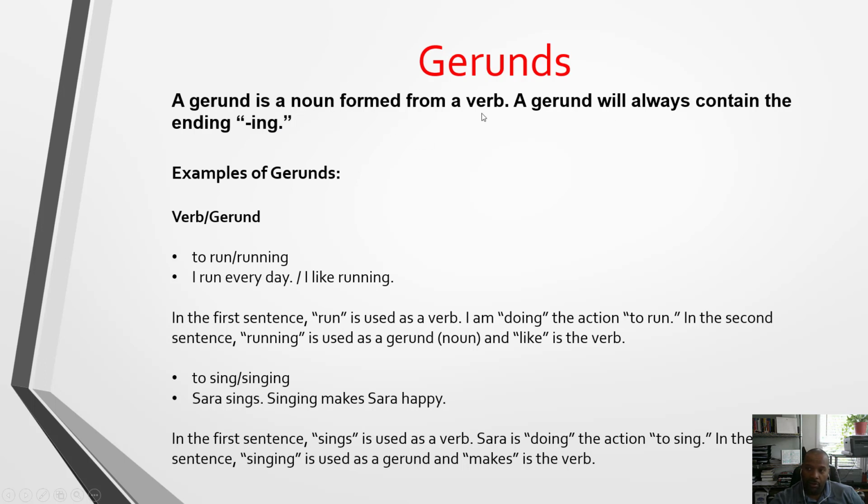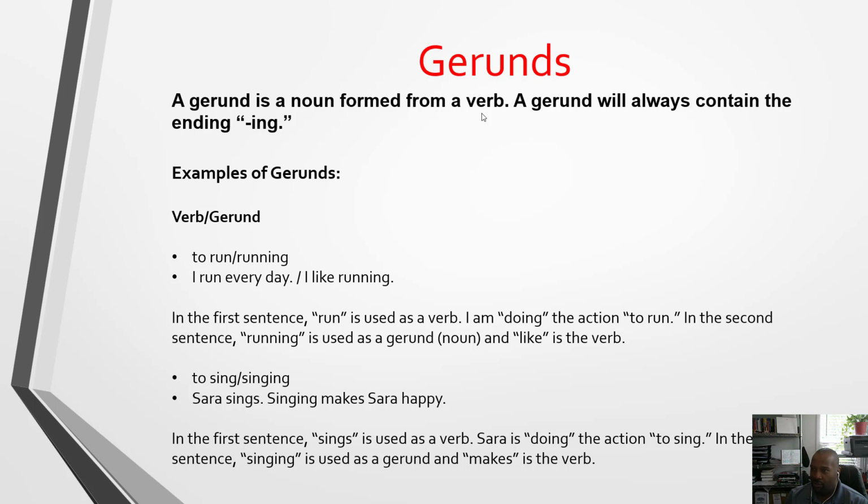Okay? So remember, gerunds are not tense, right? Because when we talk about a noun ending in ing, the first thing that might pop into our heads is that you're talking about a present continuous verb, right?